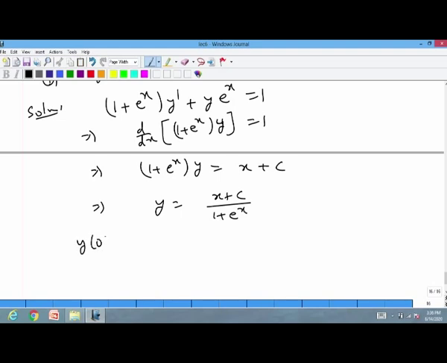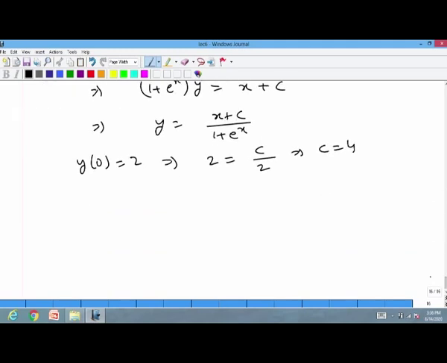Now, given y(0) equal to 2, this implies 2 is equal to c divided by 2. So, c is equal to 4. Therefore, y is equal to (x plus 4) divided by (1 plus e to the x).